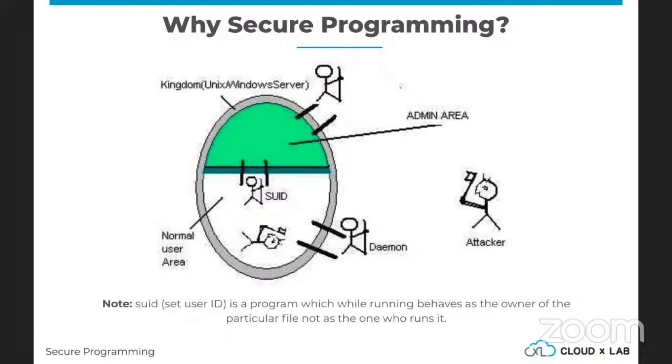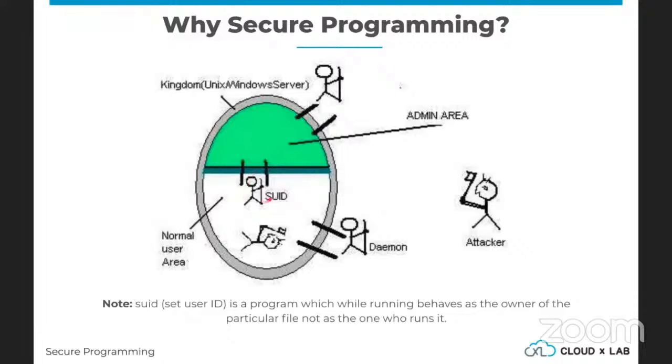If you're running a command like ls or ps or any other Unix command, it will always run as you yourself, right? So this admin area contains those kinds of programs which, when executed, become the system administrator or become root.